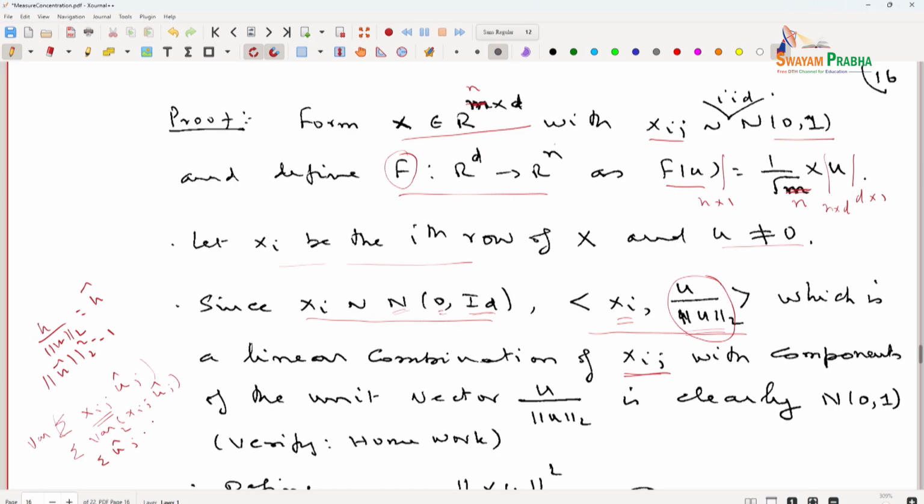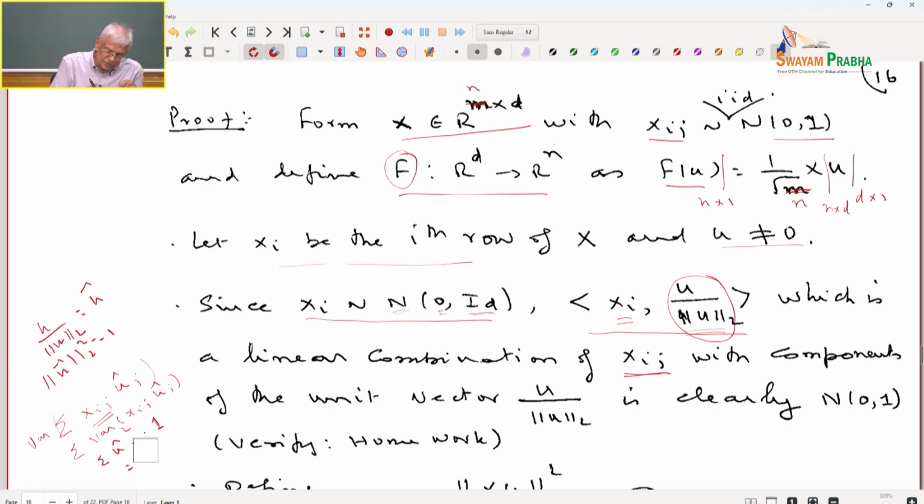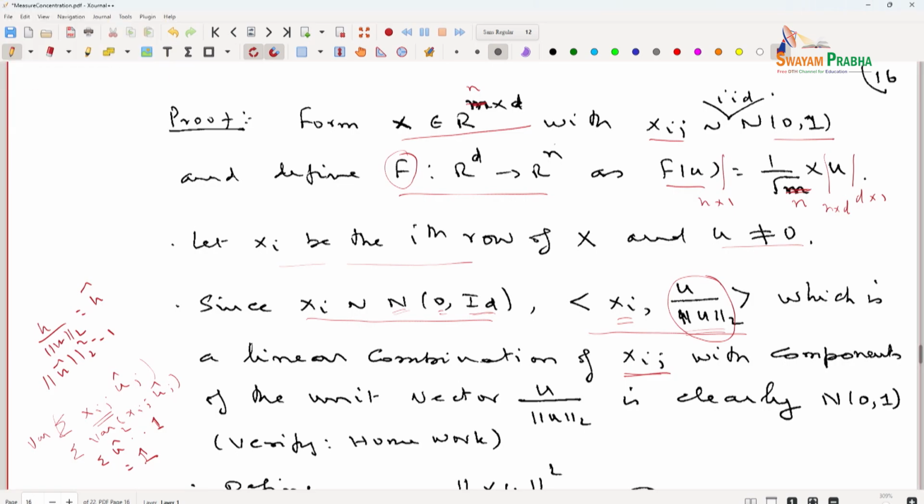The variances of Xij are all unity. The sum of the squares of the unit vector components is unity, therefore this sum is unity. Therefore, we can readily see that this linear combination of multiples of components of the random vector along the ith row is clearly normal, with unit variance.